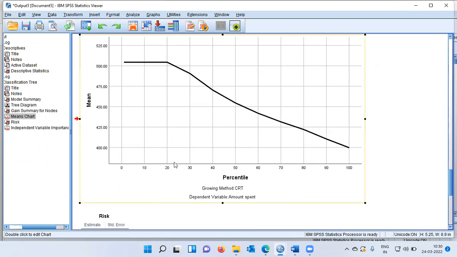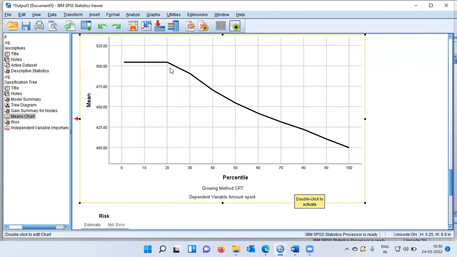When you look at the 20th percentile, till about the 20th percentile, the average spend is around $500. But beyond the 20th percentile, this line starts dropping, which means that the average spend is not as high.